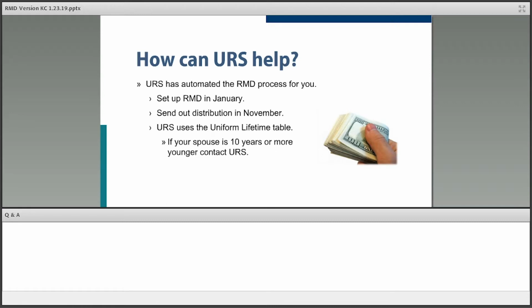And so if you do have a spouse that is 10 or more years younger than you, and you'd rather us use the Joint Lifetime Table so that the required minimum distribution will be smaller, please contact us at URS and let us know so that we can change the tables that we're using and use that Joint Lifetime Table.